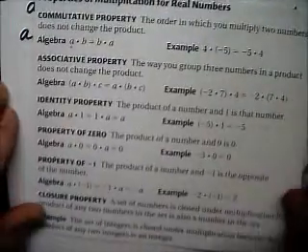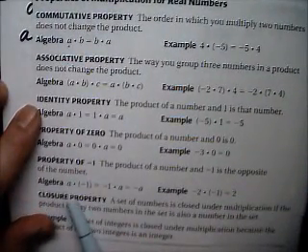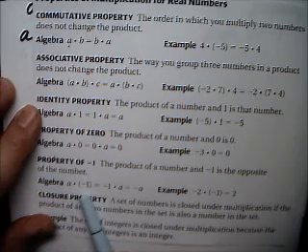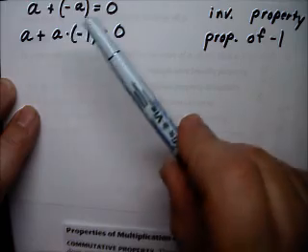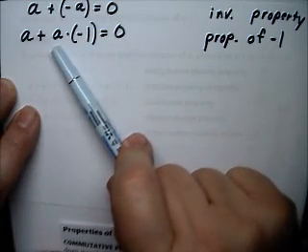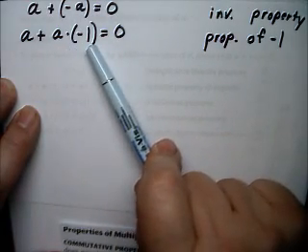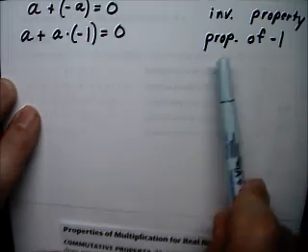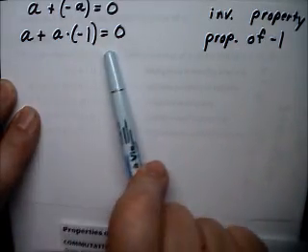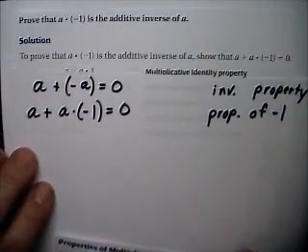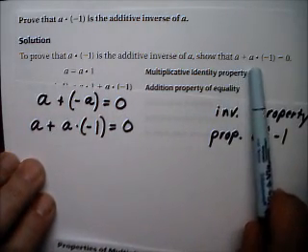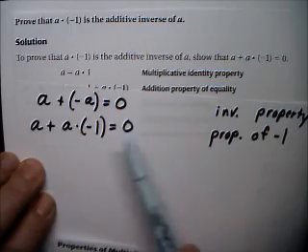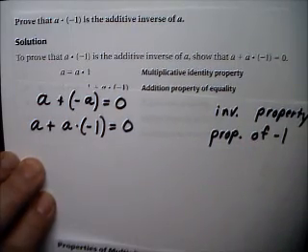And that's the property of negative 1. See, the property of negative 1 says a times a minus 1 is equal to minus a. So minus a is the same thing as a times a minus 1 by the property of negative 1. And that's what I had to show. See, I had to show that a plus a times minus 1 equals 0, and I showed it in just 2 steps.